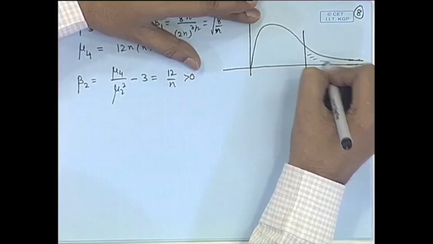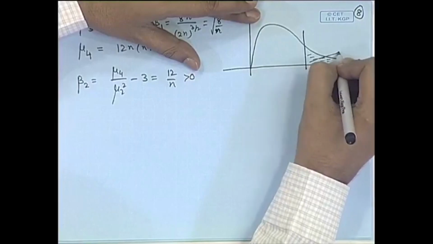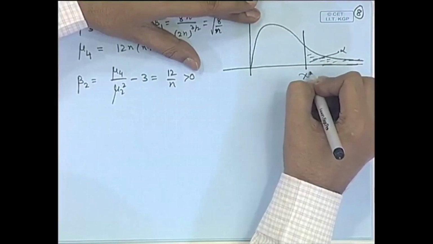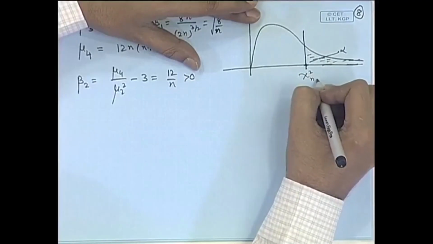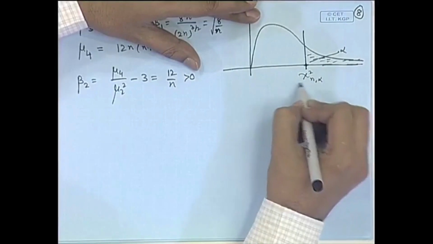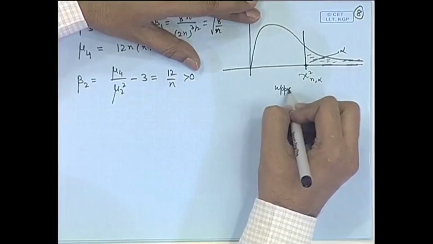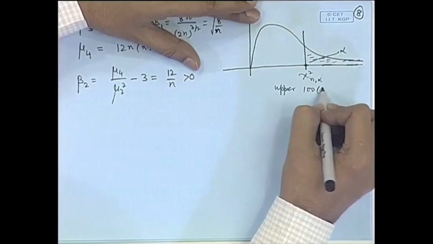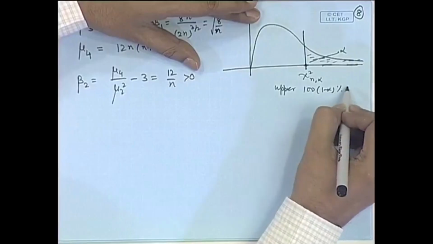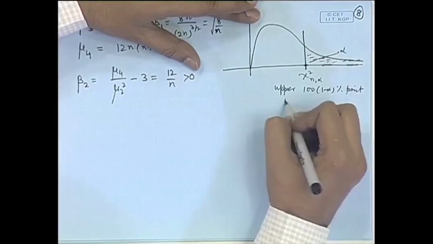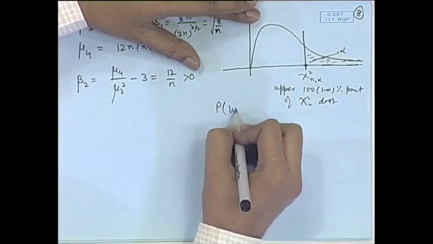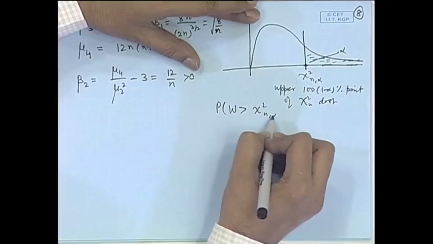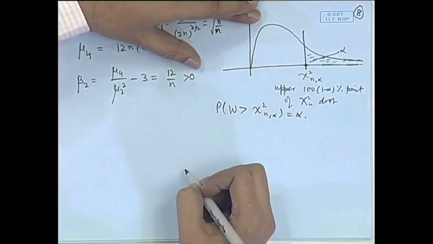So, if this probability is say alpha, then the point on the axis is called chi-square n alpha, that is the upper 100 alpha percent point, or 100 times 1 minus alpha percent point, of the chi-square n distribution. That means, probability of W greater than chi-square n alpha is equal to alpha.